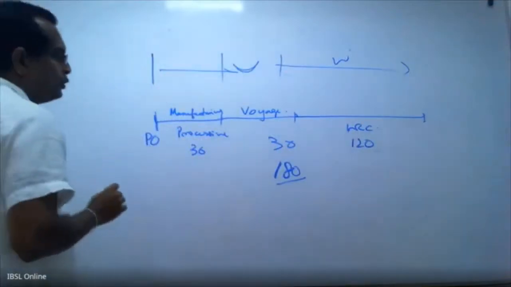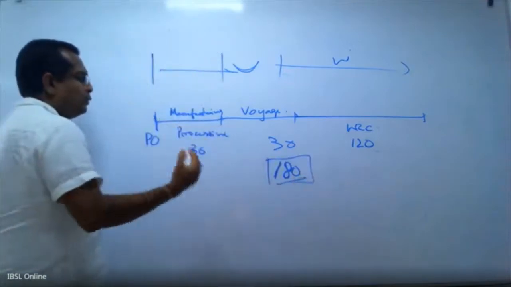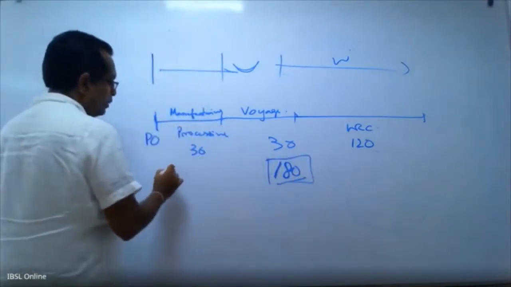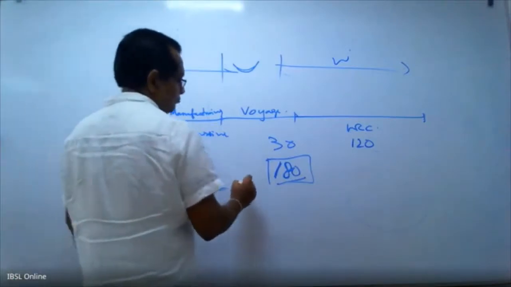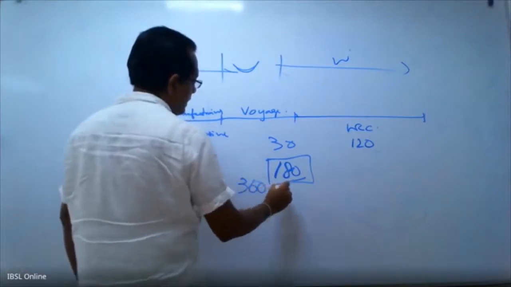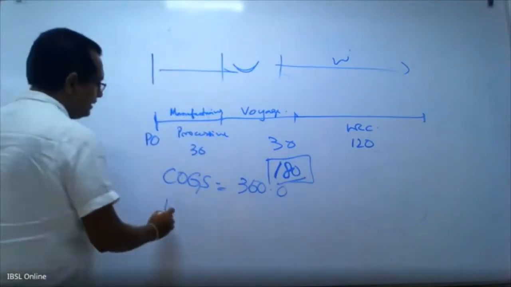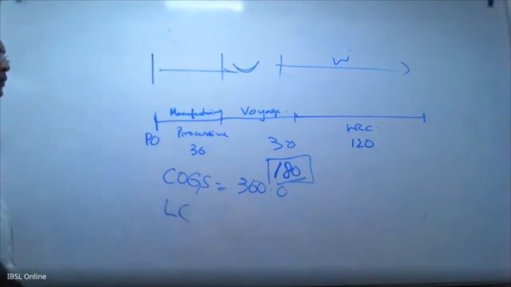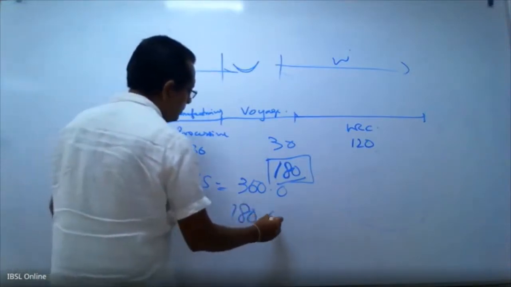So if your annual purchase cost of goods sold is 360 million rupees, your LC requirement would be 180 million.